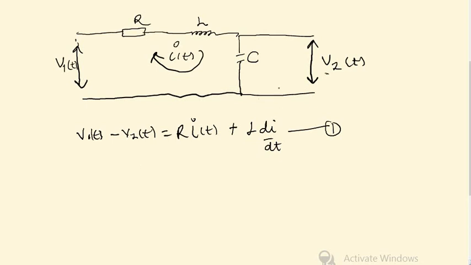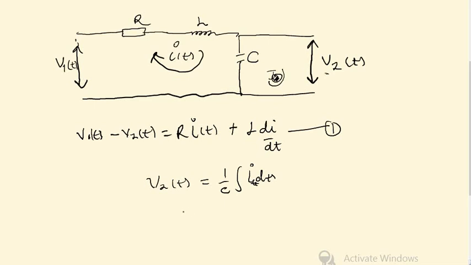By taking mesh 2, you can see this mesh 2, we can say v2(t) is directly equal to the capacitor element, and the voltage for the capacitor is given as 1 over C integral of I of t dt.